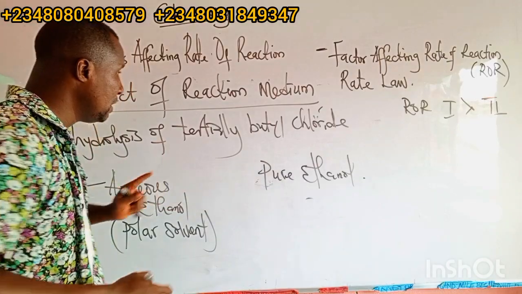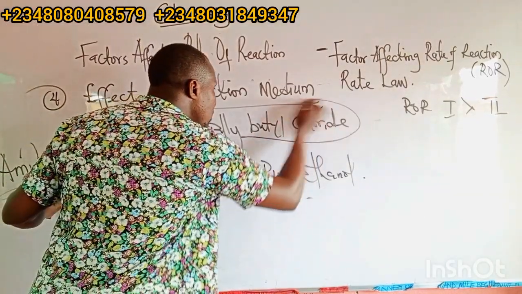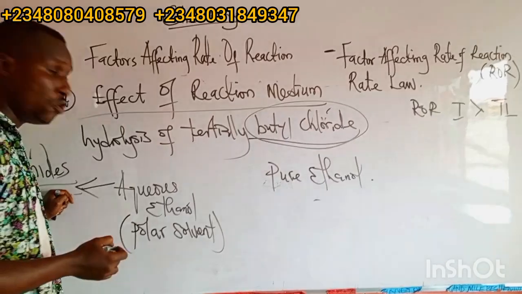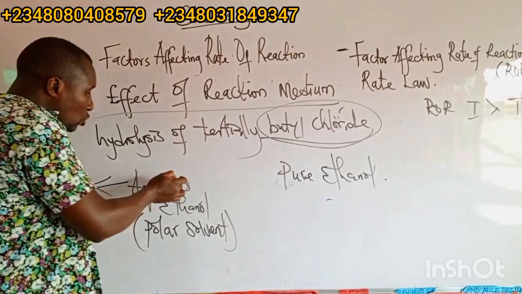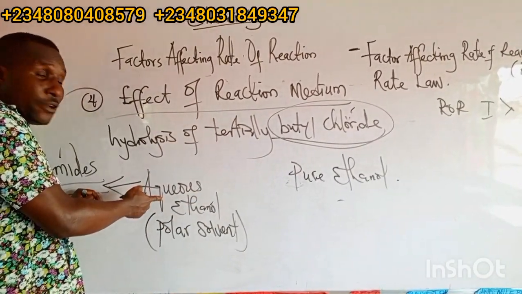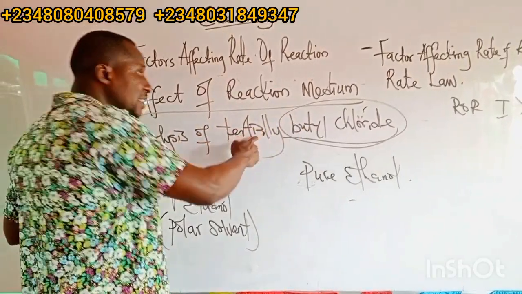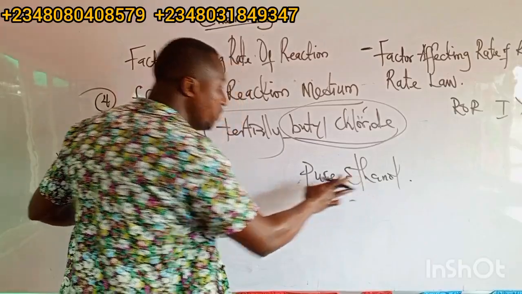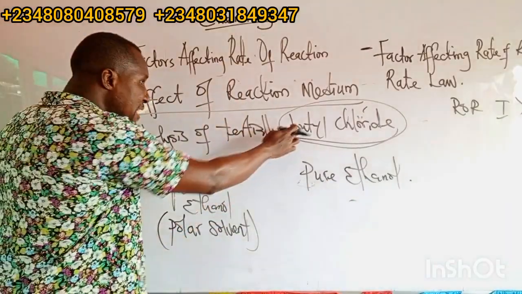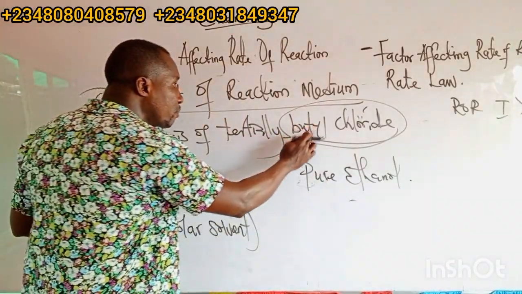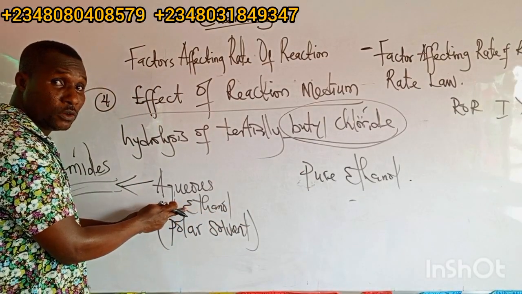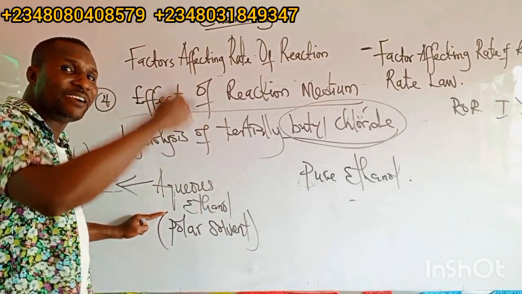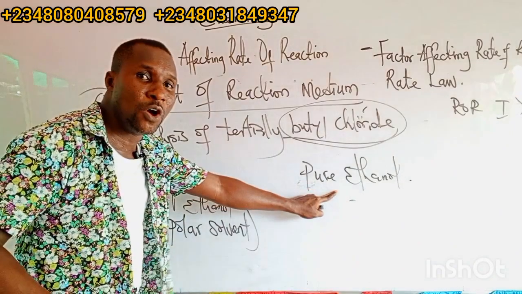Then if this tertiary butyl chloride is being hydrolyzed by this aqueous ethanol, and the same tertiary butyl chloride is being hydrolyzed in pure ethanol, the hydrolysis in this one has a higher rate of reaction than in pure ethanol.